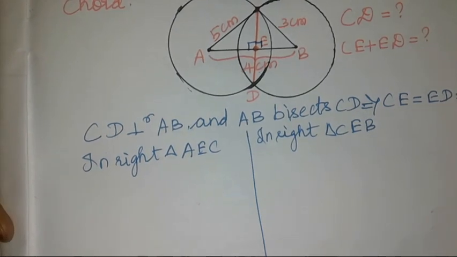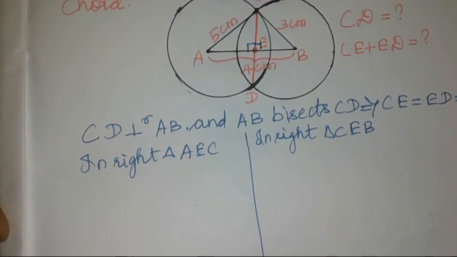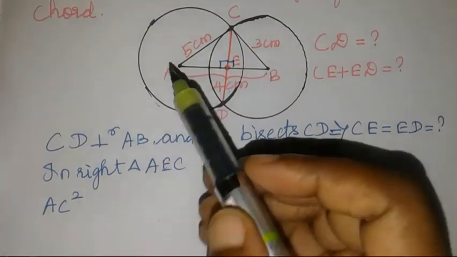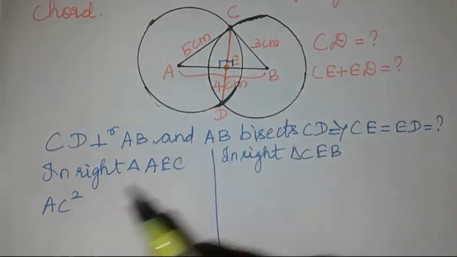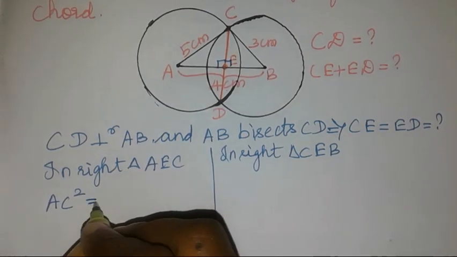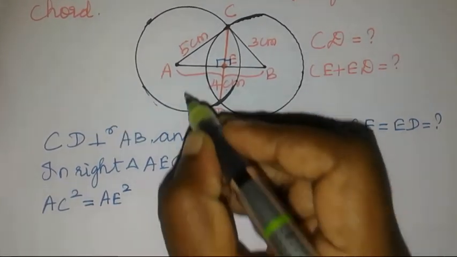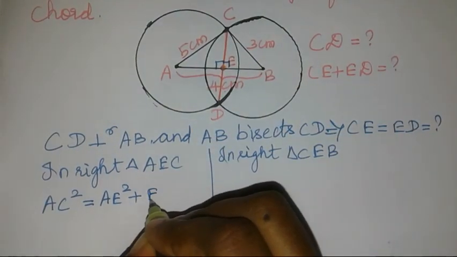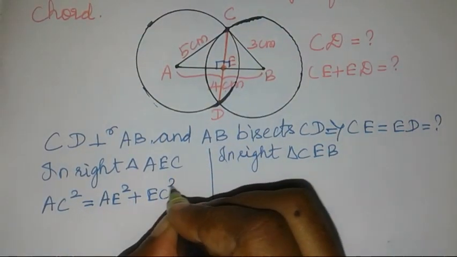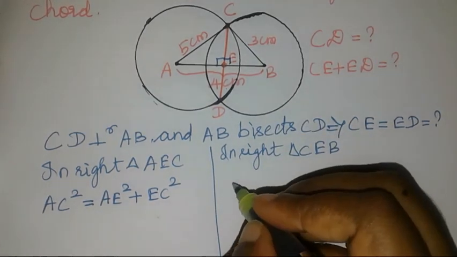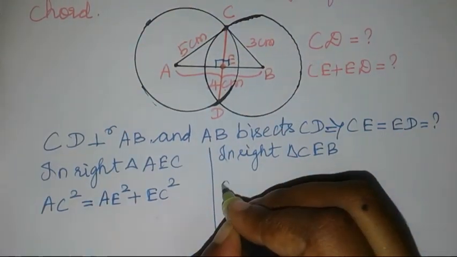By Pythagoras theorem, the square of the hypotenuse is equal to the sum of the squares of the other two sides. See children, here AC is the hypotenuse. So AC square is equal to the remaining two sides, AE square plus EC square. This side CB is the hypotenuse.